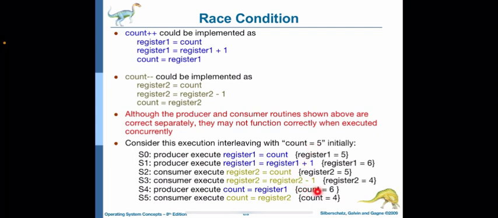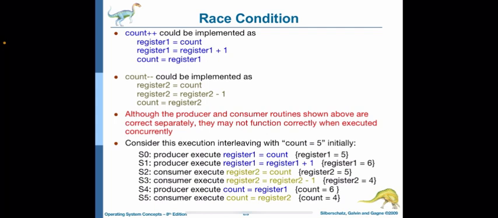But what happened here, because these two processes worked in an interleaved manner, either the value will be 6 or 4 based on how these two processes get their turns. Since here the last turn was for the consumer, the value written into count is 4.